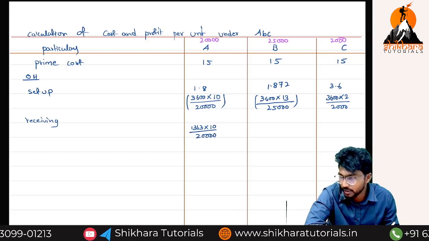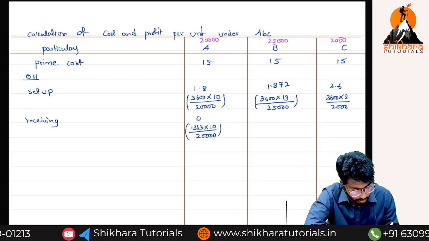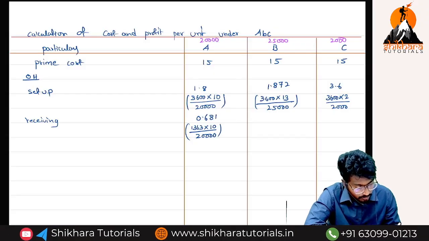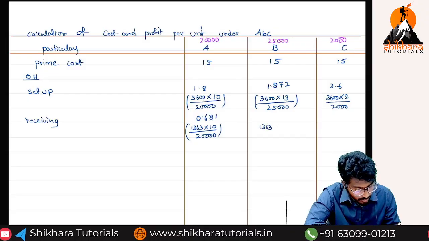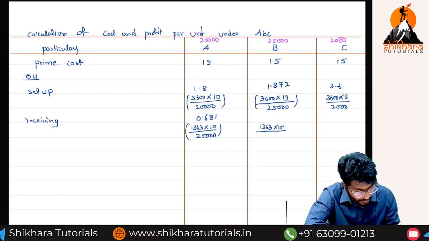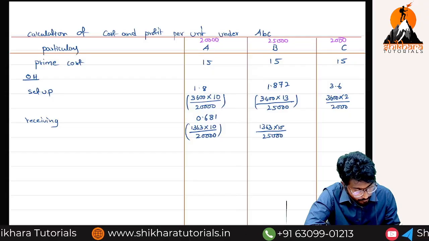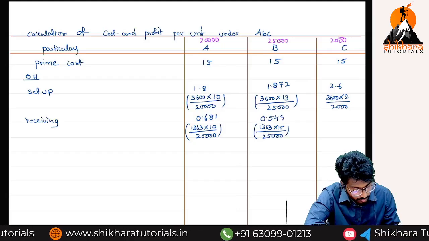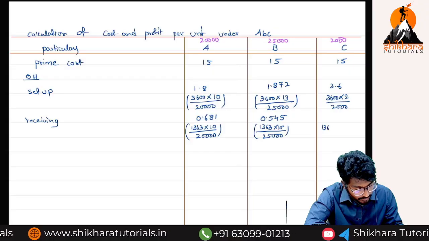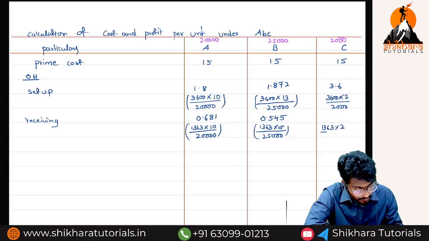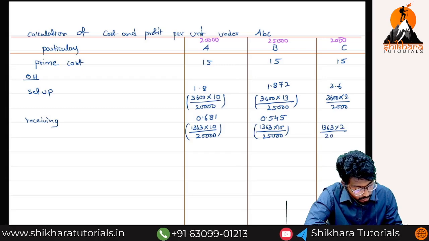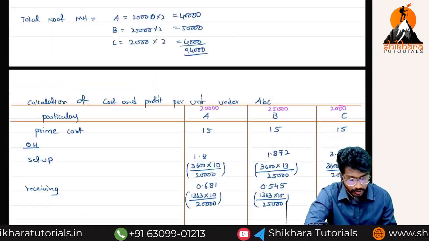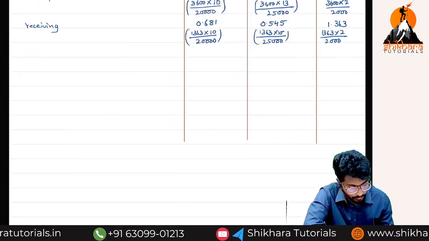You will get per unit 0.6. Next, 1363 into 10 divided by 25,000. Next, 1363 into 2 divided by 2000. 1.363. Next one is dispatch.